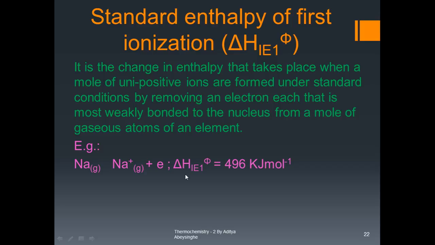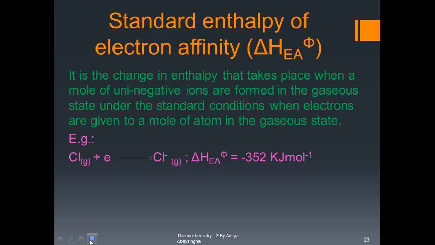So you should take the most weakly bonded electron, which we also call the valence electron, that can be easily gifted and easily taken into a compound or element. That is removed to form the cation, and the energy in the case of sodium has been found to be positive 496 kilojoules per mole, because we give heat. This is an endothermic reaction.